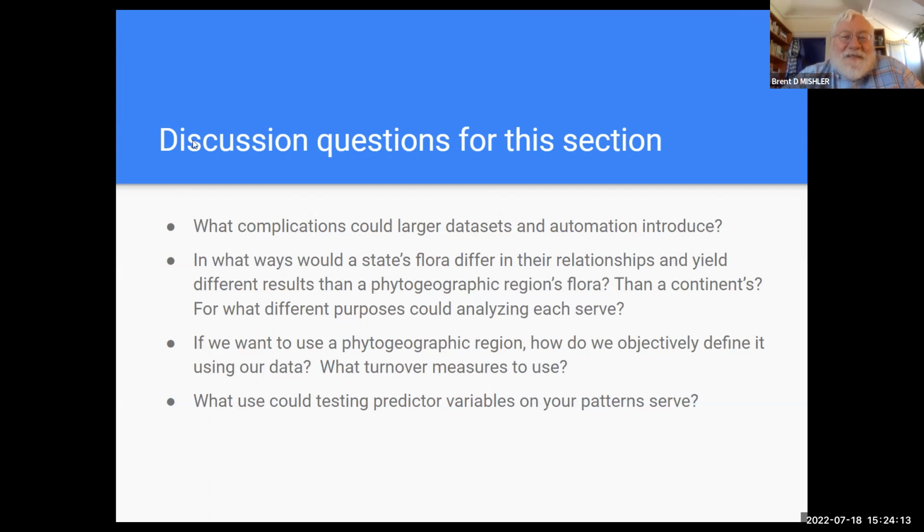People always ask me this, because almost nowhere in the world do we know what all the taxa are that are there now. And of course, we don't know the extinct ones. So we're always dealing with a sample. And how do we be sure that the sample we have is at least representative of that? Representative, yeah, that's the key, right?